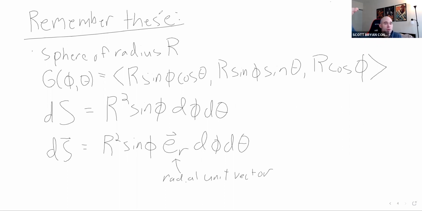It's going to be exactly your parameterization divided by R, so you get rid of the R in your parameterization: sine phi cos theta, sine phi sine theta, cos phi. That's a radial unit vector, and then you're multiplying that by the R squared sine phi.